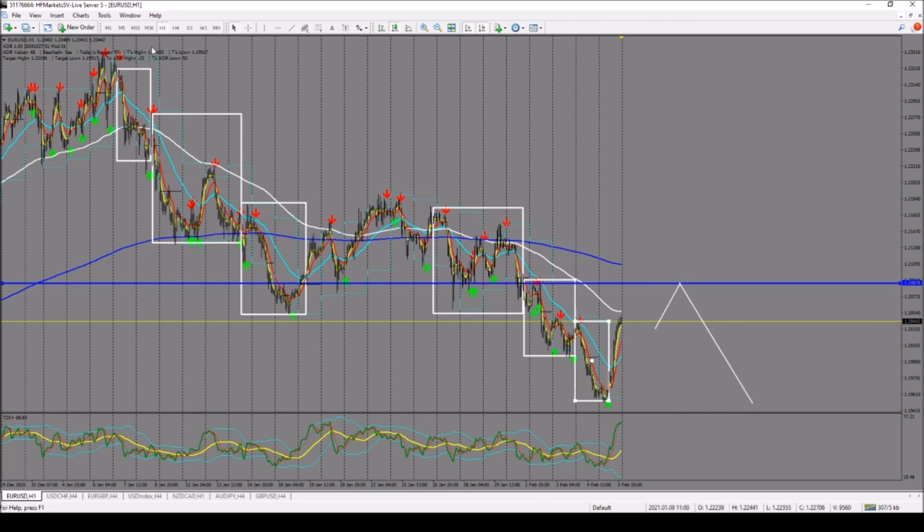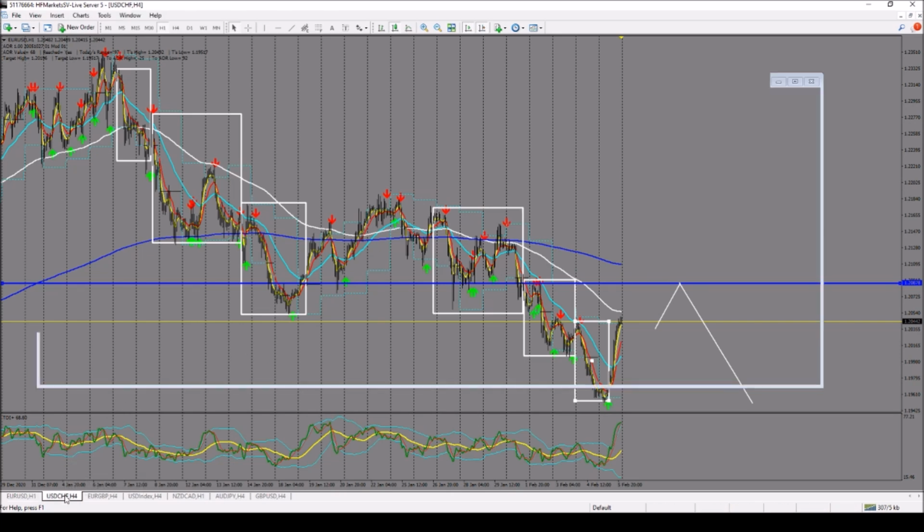So we will have the first set of 3s, the second set of 3s, and expecting the last set of 3s. So that is what I will be looking for on euro against dollar. And as I said earlier on, it's not a signal, but just to give you a bias.